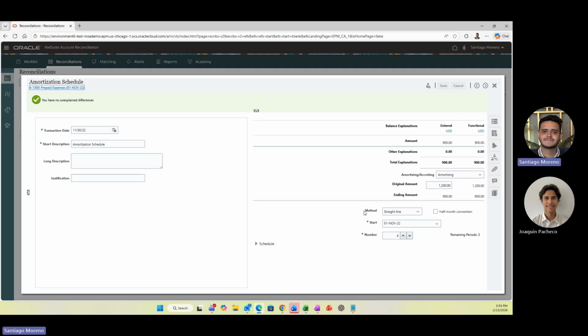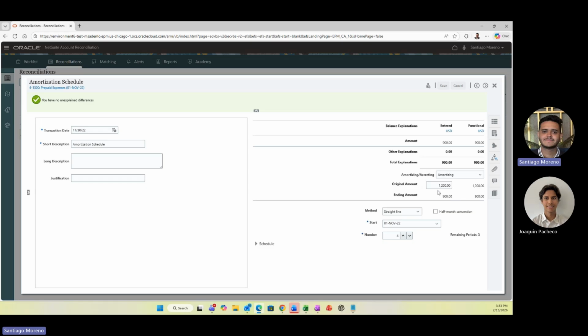But what is more important, and the main difference on this specific reconciliation, is that instead of them just submitting the corresponding amount, they created an amortization schedule for them to be able to automatically publish the amount that corresponds to that specific account.